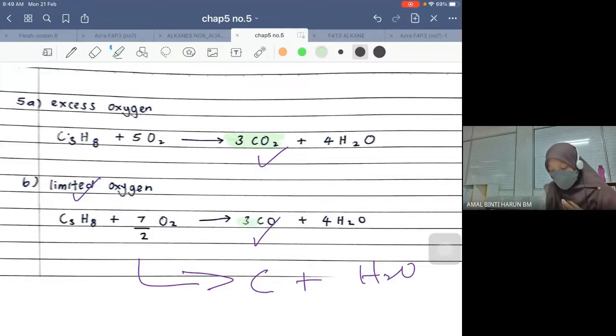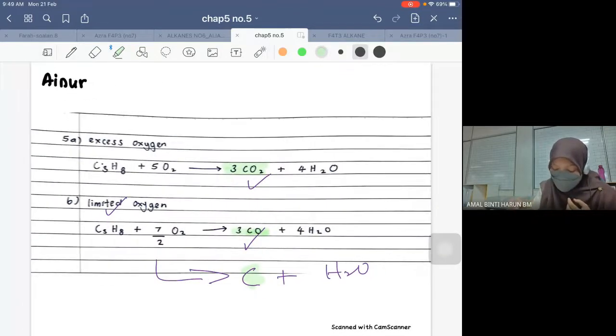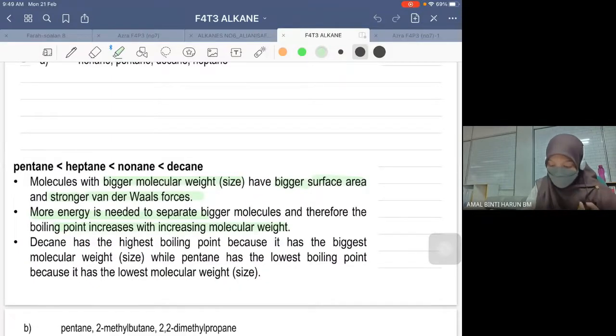Kalau tak cukup dapat CO, tak cukup lagi very limited. Kalau another very limited oxygen, dapat carbon saja. Okay. So, apa nak cakap dekat sini? Excess. Tak ada apa-apa. Ni okey je. Oxidation. So, thank you, Anu.